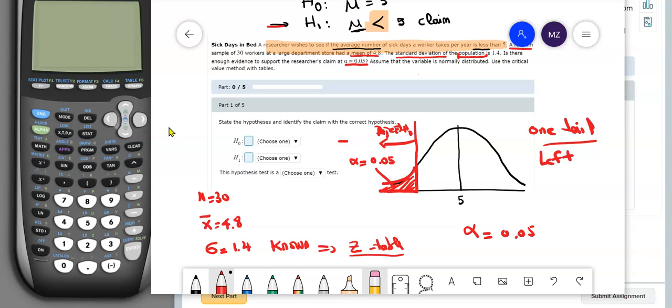Whenever you graph H1, whether it's a claim or not, the claim could be H0 or H1, it's going to tell you whether it is on the right side or on the left side. And this one is our k, or our mu0, depending on what they are calling it. So this is basically the first question. How do you enter it?